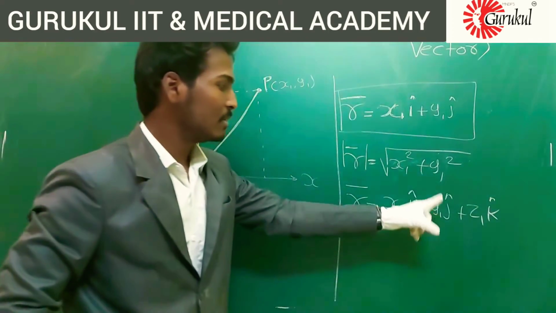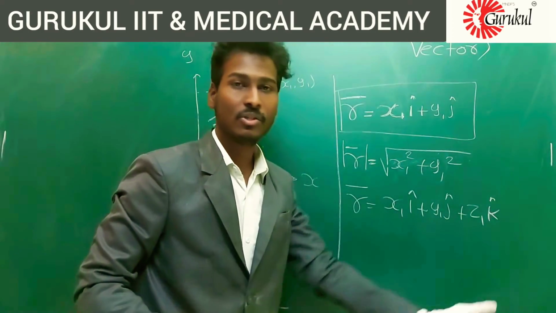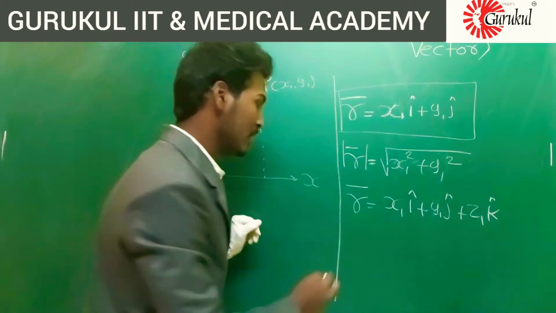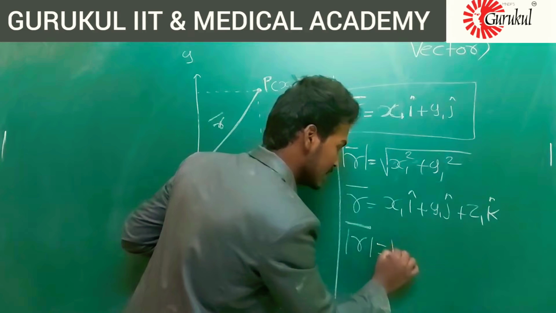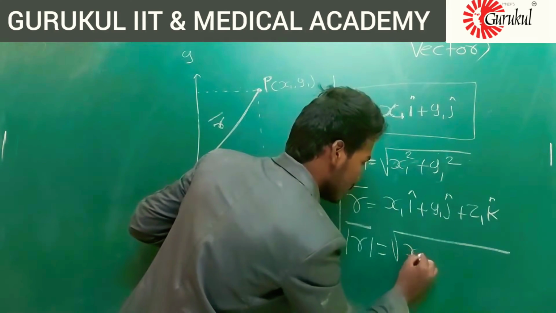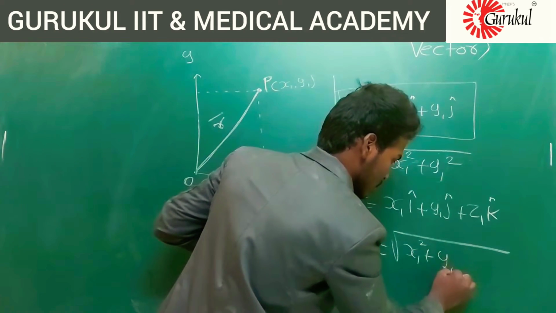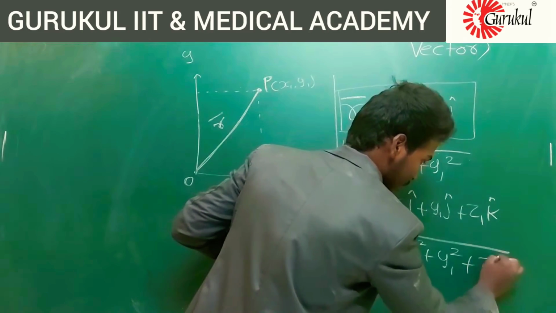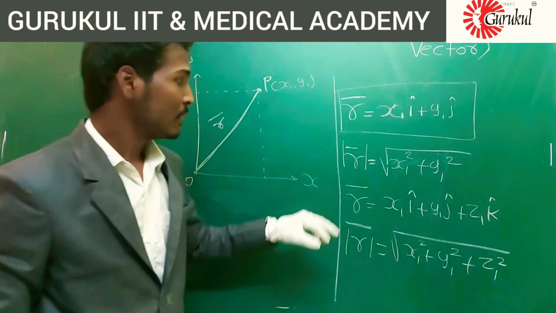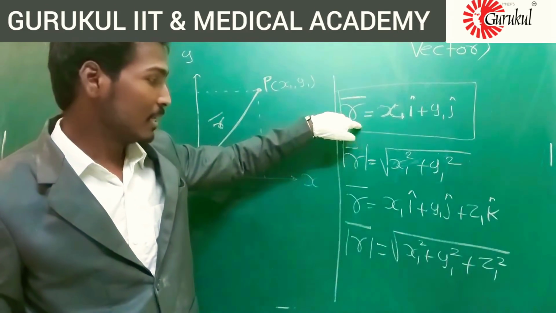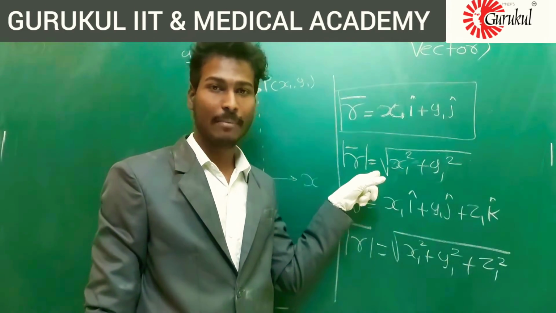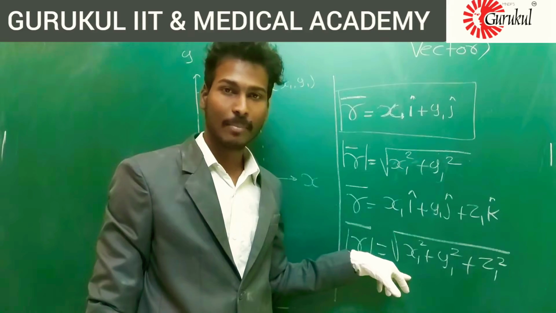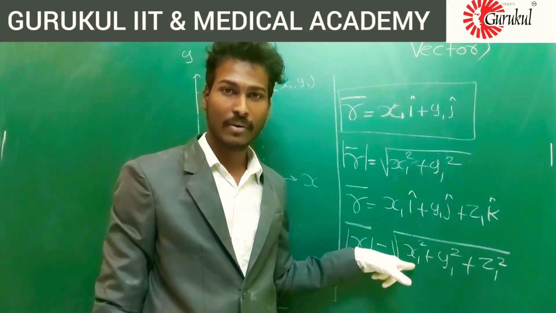So i cap, j cap and k cap, where k cap is the unit vector along the z-axis. The magnitude of this three-dimensional position vector is given as the square root of x1 square plus y1 square plus z1 square. This is the two-dimensional position vector, this is the three-dimensional position vector, this is the magnitude of the two-dimensional position vector, and similarly the magnitude of the three-dimensional position vector.